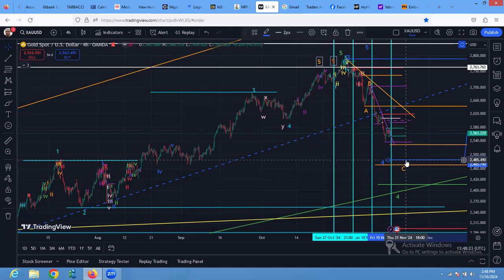So we'll see what price is going to do in this area in the coming week.